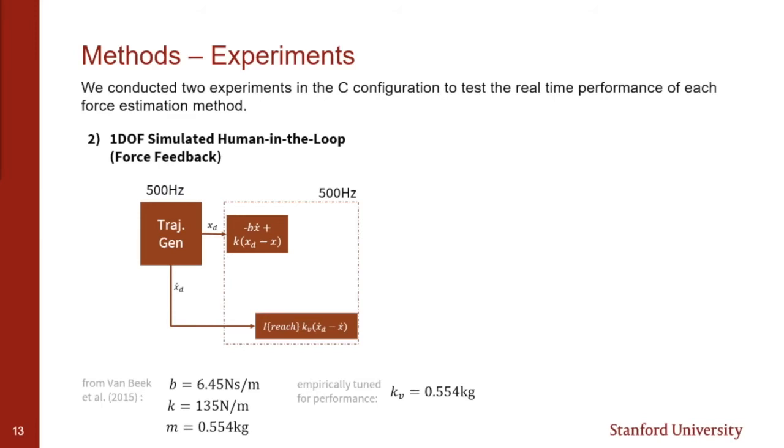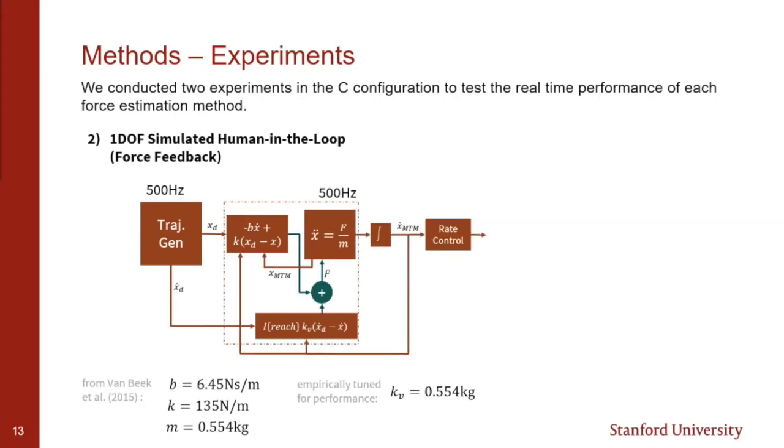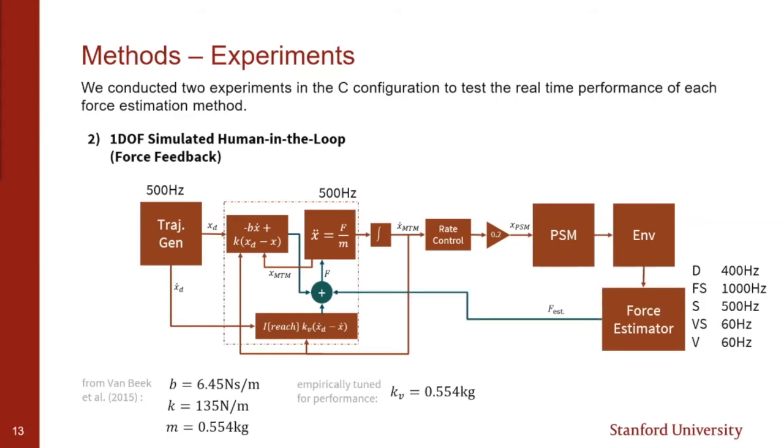Together with the natural damping term from the human arm, so to speak, we produce the control force that generates the movements, for which we use rate control and motion scaling to move the patient side manipulator to manipulate the environment. And then we close the feedback loop with one of the force estimators.